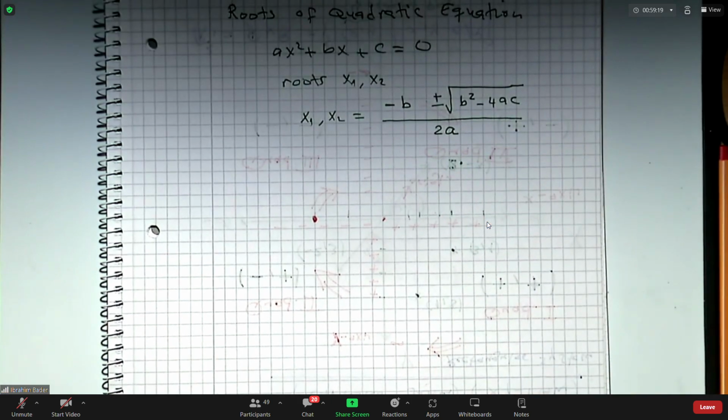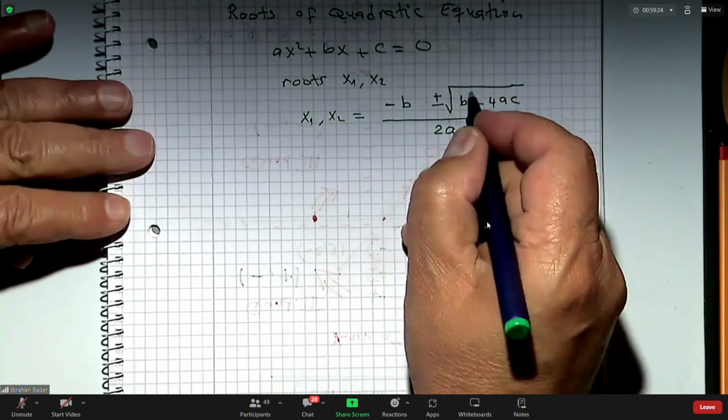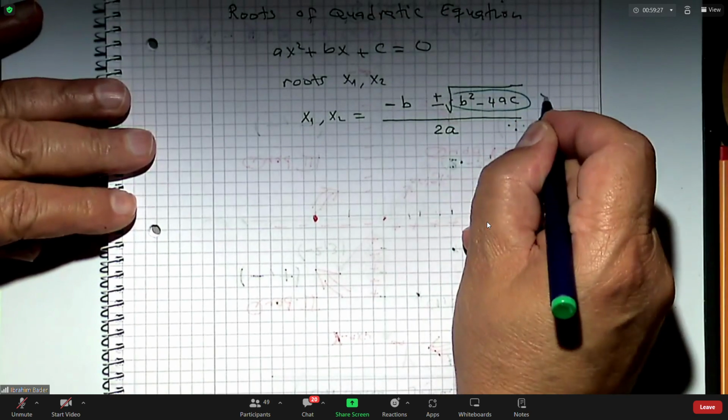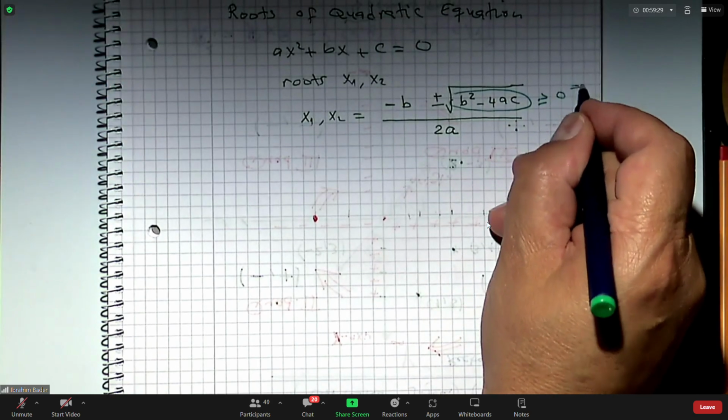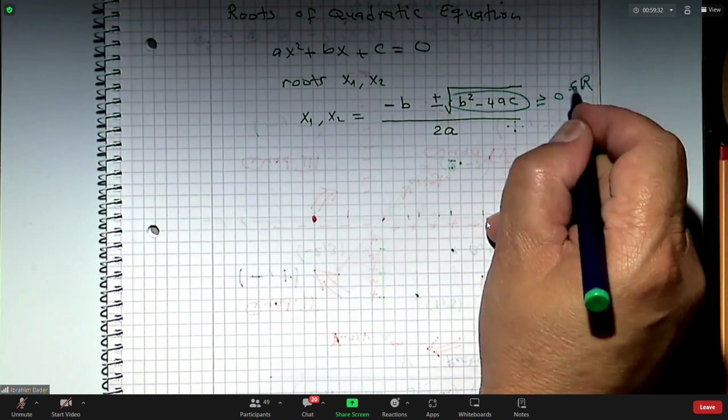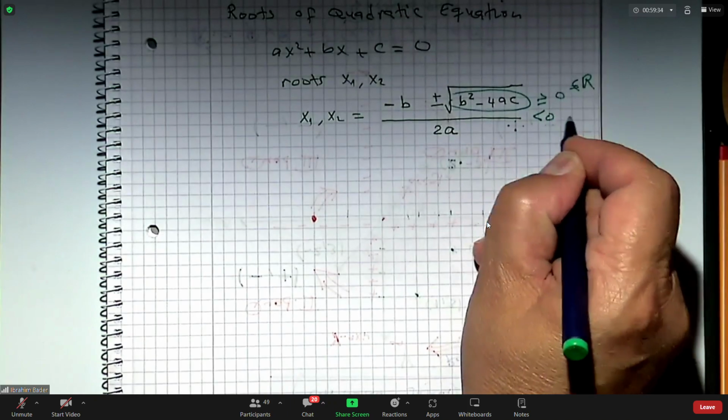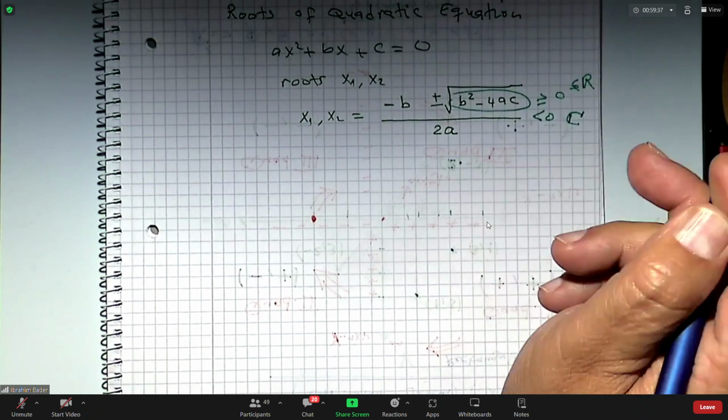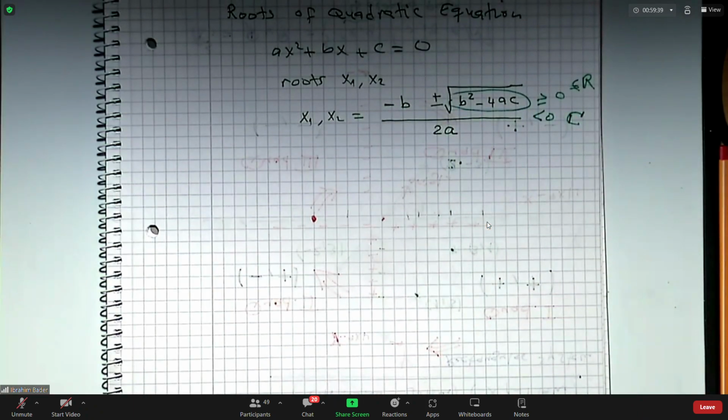Now we are actually there. If you remember, if this amount is greater or equal to 0, then you have a real solution. If this is less than 0, then you are in the complex numbers, because you have a root of a negative number, which will definitely go in the complex roots.